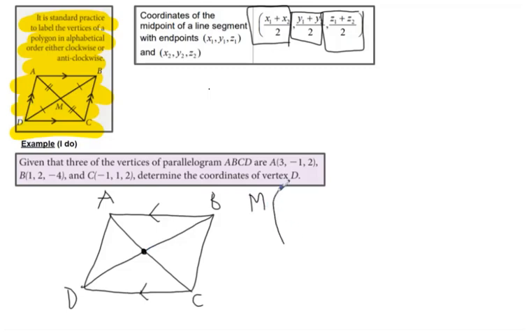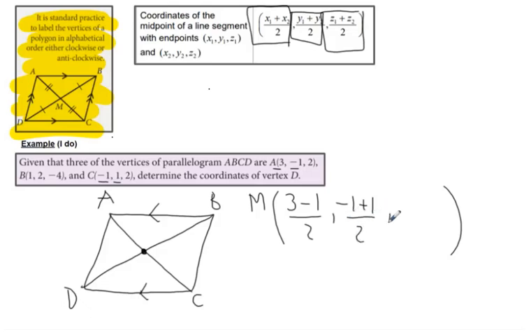So the midpoint is at, remember I'm using A and C to do this, so we're using the coordinates of A and C. So we're going to average the x's, so that would be 3 plus minus 1 over 2, so 3 minus 1 over 2, that's the x bit. Then we do the same for the y's, so you've got minus 1 and 1, so minus 1 plus 1 over 2, so it's going to be 0.